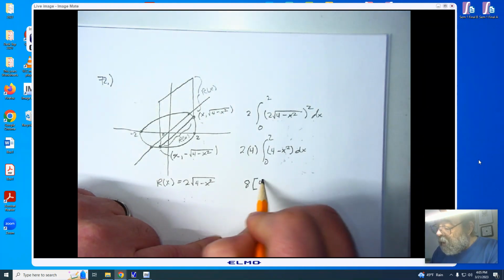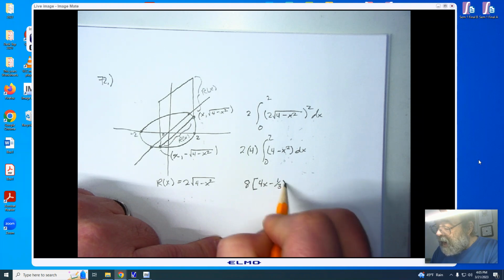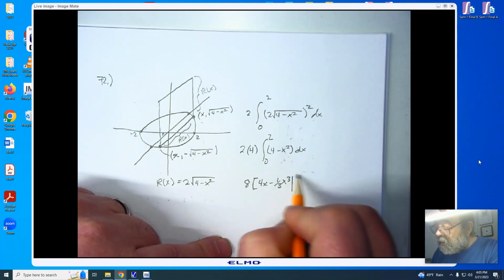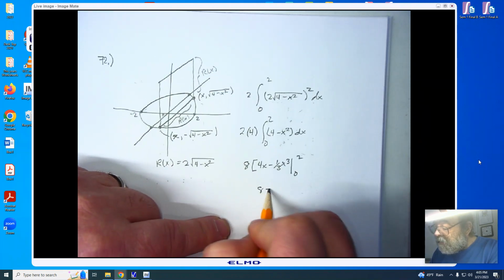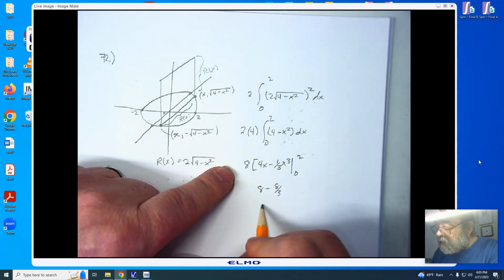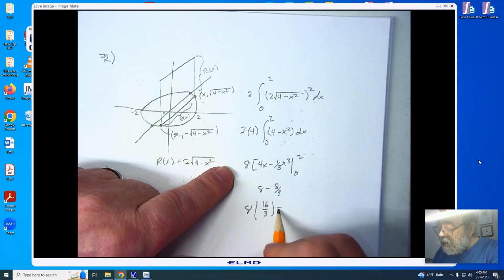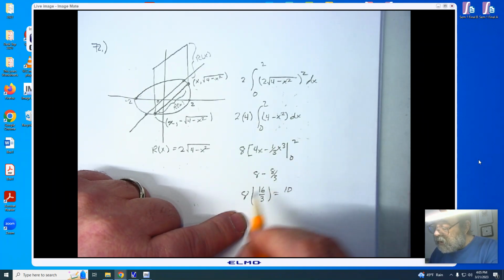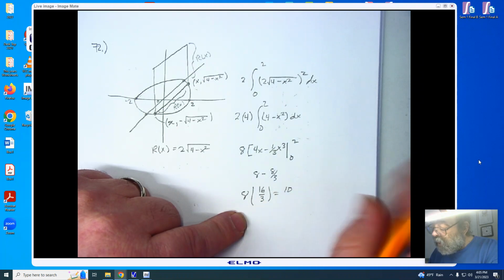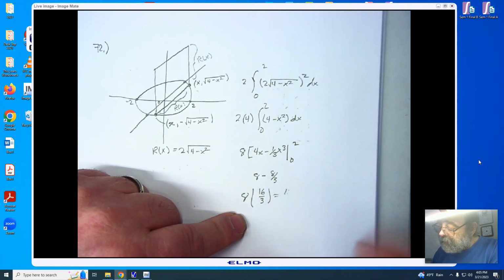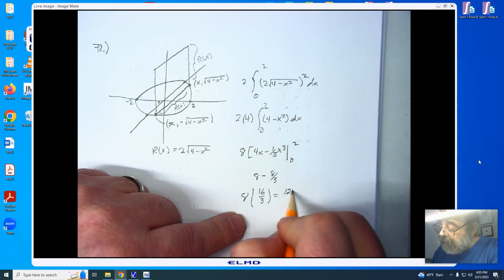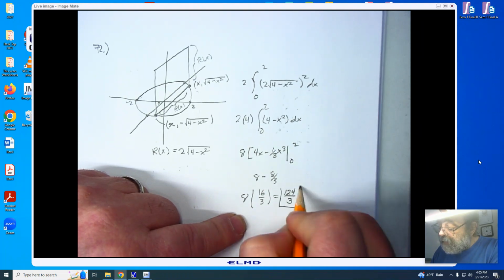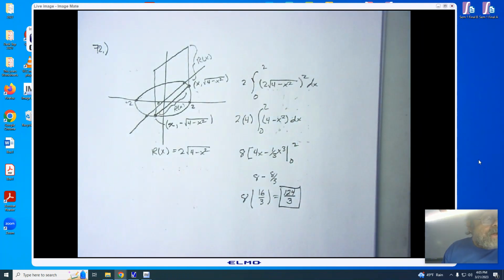I then have 4x minus 1/3 x cubed from 0 to 2, and that's 8 minus 8/3 for 16/3 multiplied by 8, and I'm getting 128/3. And that's my answer for number 72.